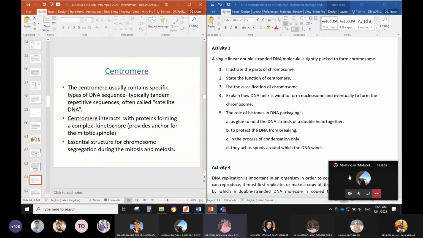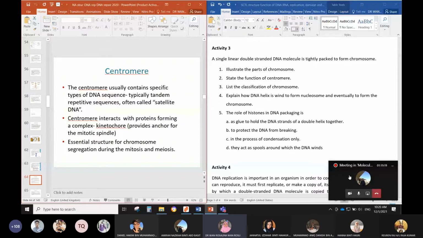If you remember during your SPM, we have meiosis and mitosis, right? I don't know about your teacher, but my teacher, we have a dance of meiosis and mitosis. So how do these two sister chromatids get separated or segregated during these processes?